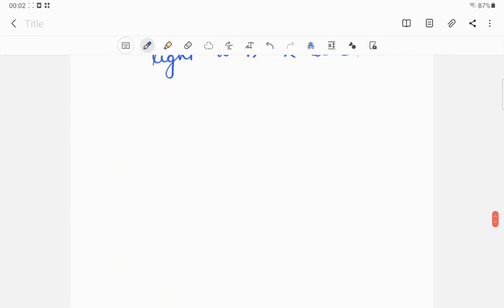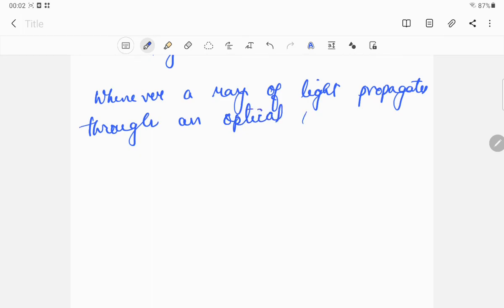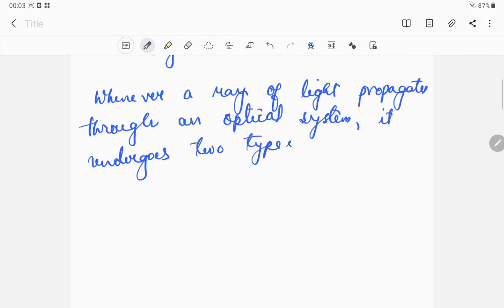So that means whenever a ray of light propagates through an optical system, it undergoes two types of operations.